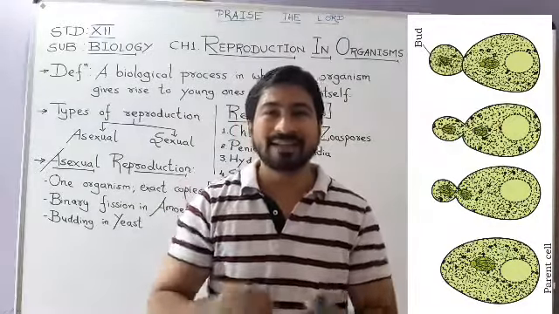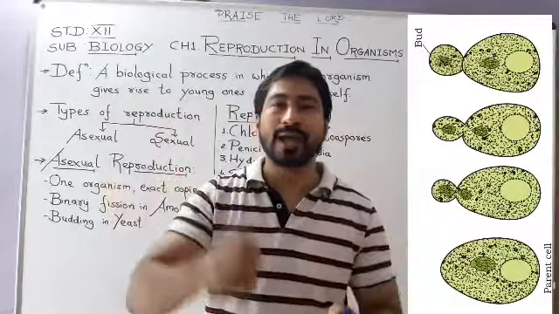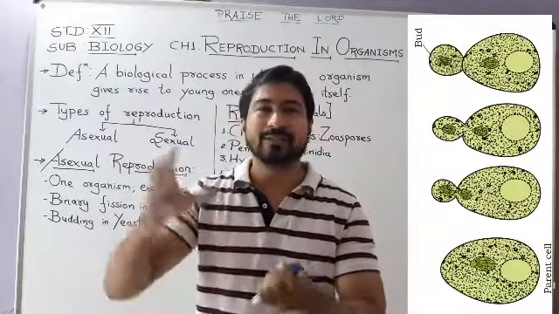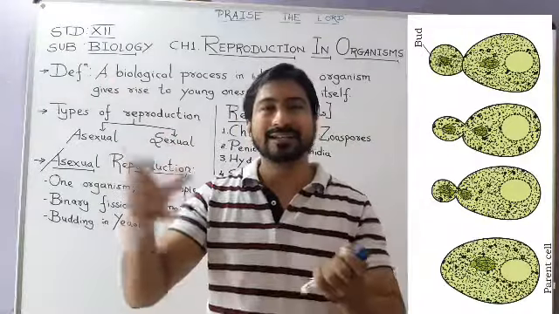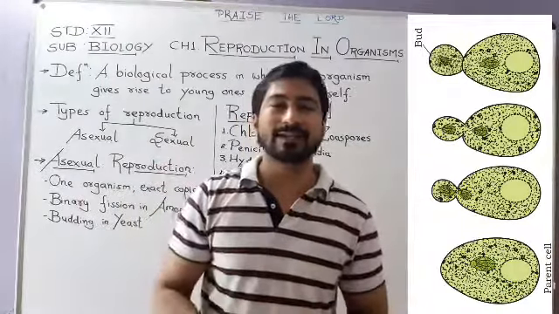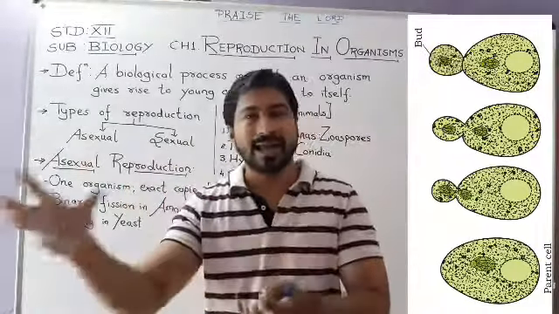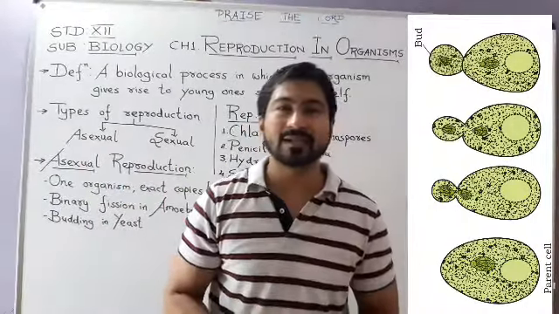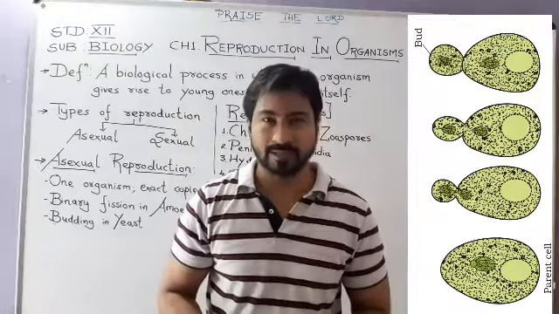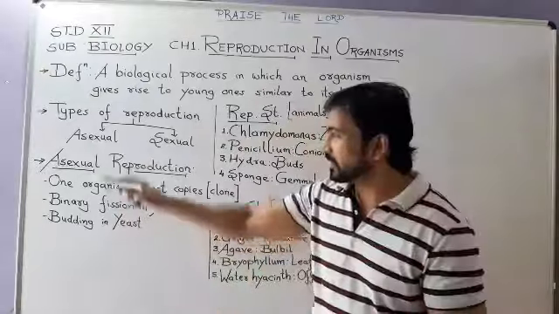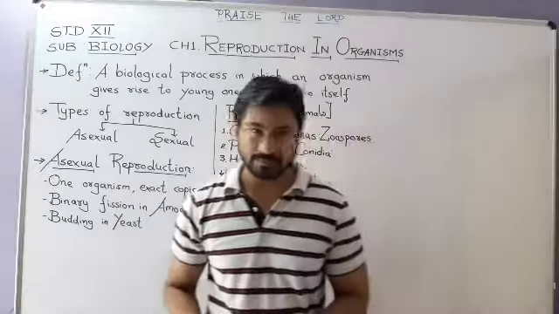That bud increases in size due to the accumulation of food substances. It becomes heavy, and later on, due to environmental effects, it gets detached from the parent and lives as a new yeast organism. So these are the two basic examples of asexual reproduction.